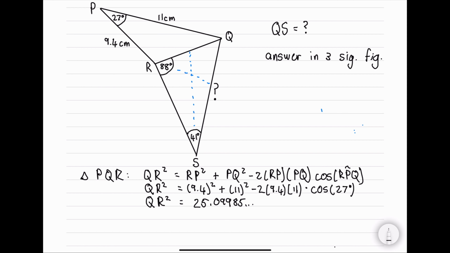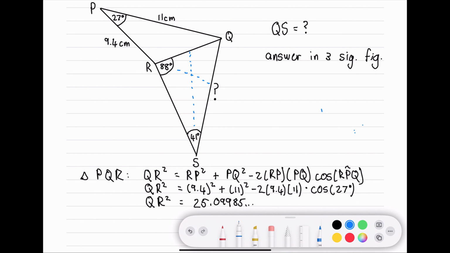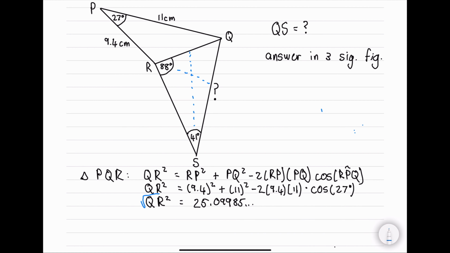I like to keep my calculations, the decimals, as much as possible to ensure that my answers are always accurate, because the more decimals you use, the more accurate it's going to be. So to get rid of the exponent, you take the square root of both sides.